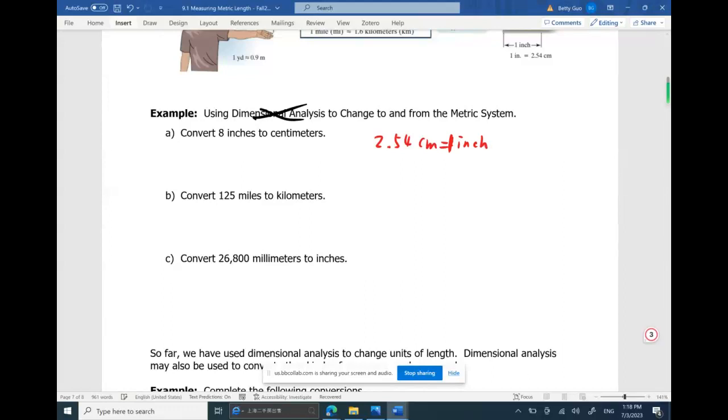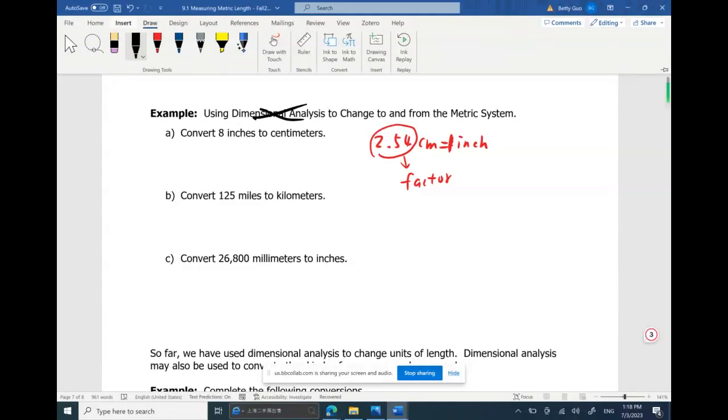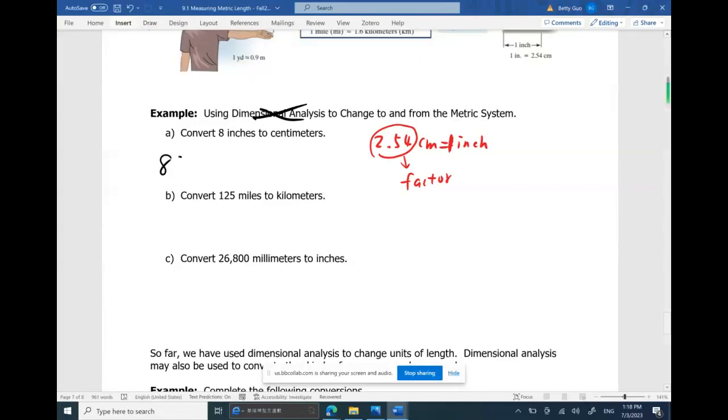So what's the conversion factor? This is the factor. Compared with inch, is a centimeter a smaller unit or a bigger unit? Since the number in front of centimeter is bigger than 1, centimeter is a smaller unit compared with inch. So the number in front of centimeter is going to be bigger. How do we make the number 8 bigger? Multiply.